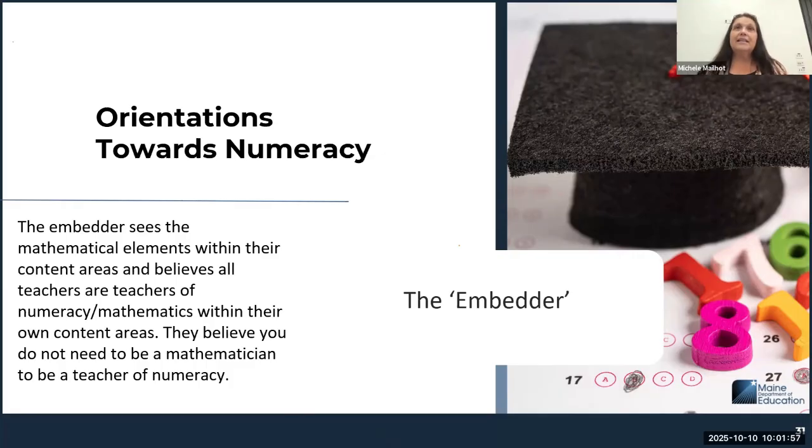They understand the importance of numeracy to support that deeper understanding of their own content area and the connection it has for students to have a greater command of their content area and how these things apply within and across content areas.